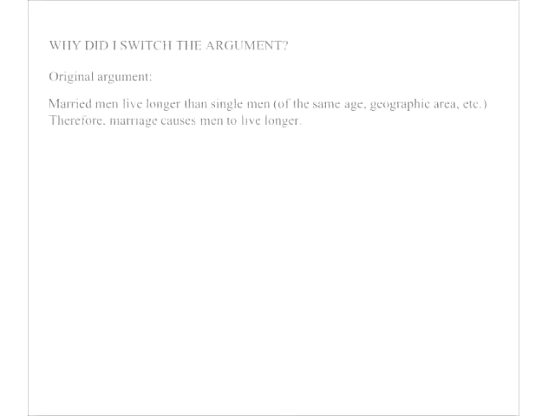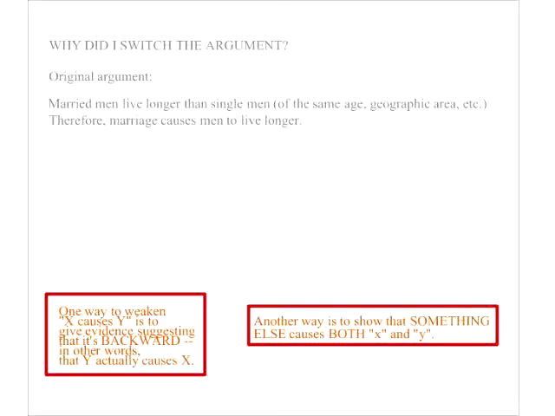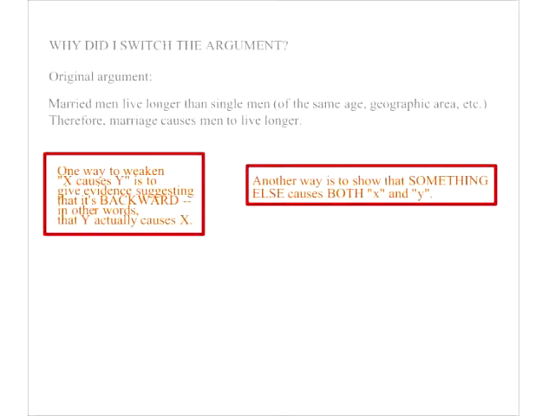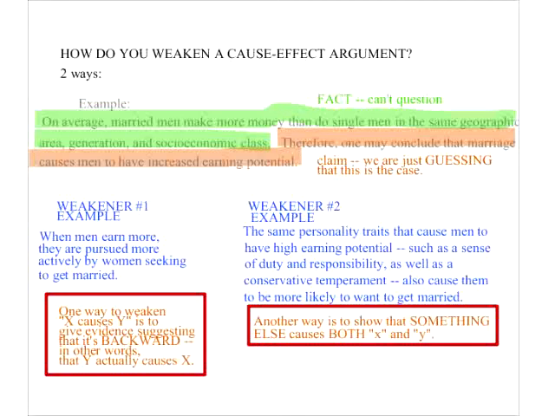And here are our forms of weakeners. So this would still work. Like this one on the right over here, you can still do this. In fact, you can do it with the same argument about personality traits.